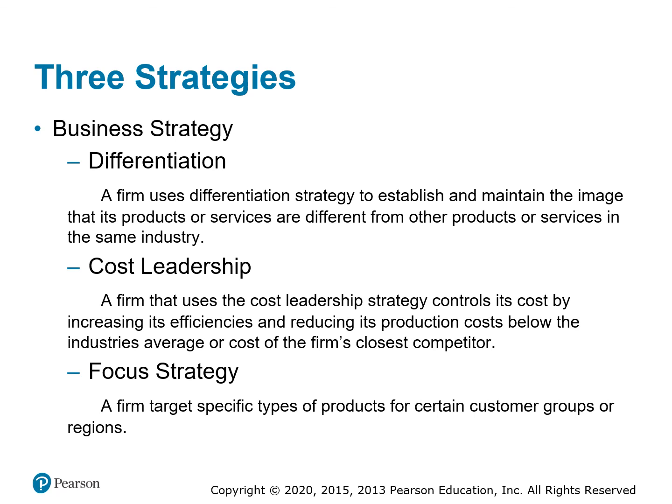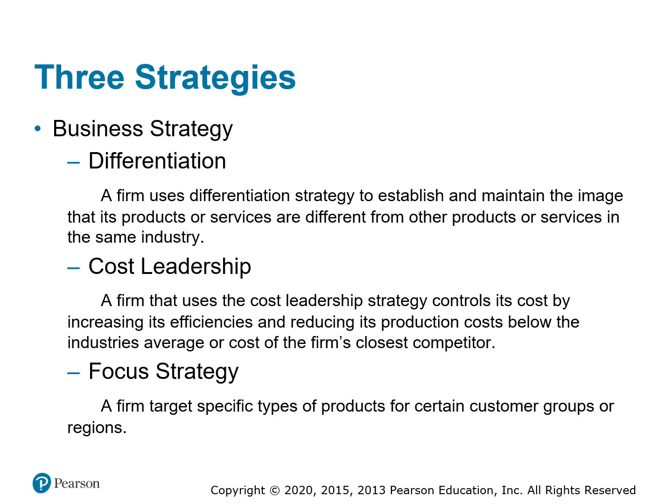One is differentiation. That's when a firm uses differentiation strategy to establish and maintain the image that its products or services are different from other products or services in the same industry. If the firm is successful, the firm can charge higher prices for their products or services.